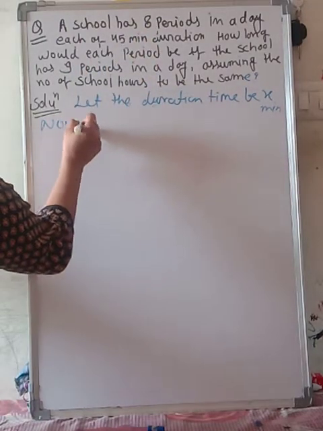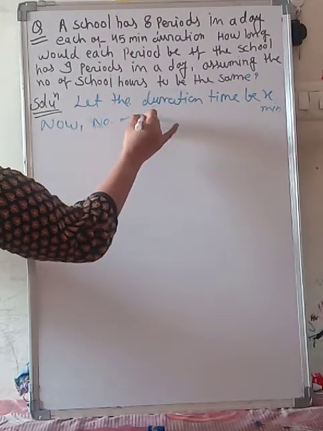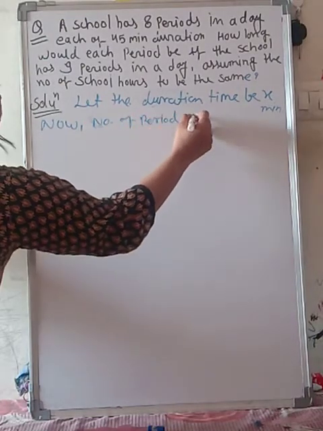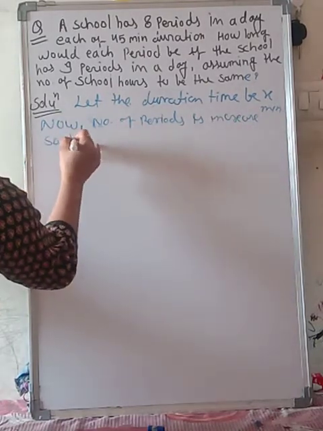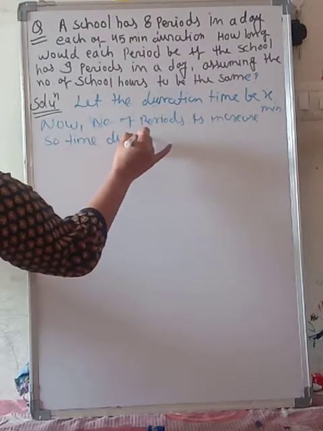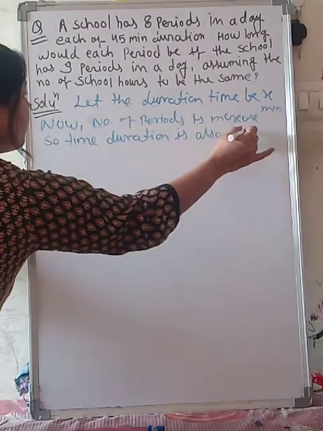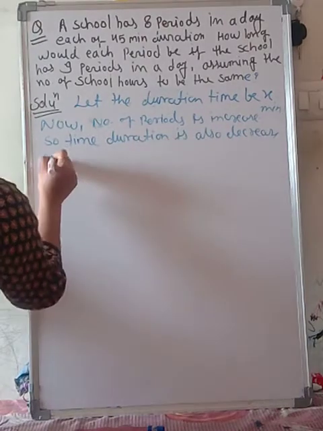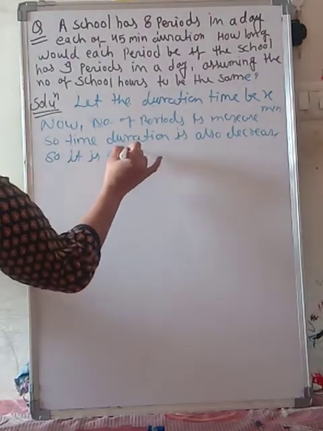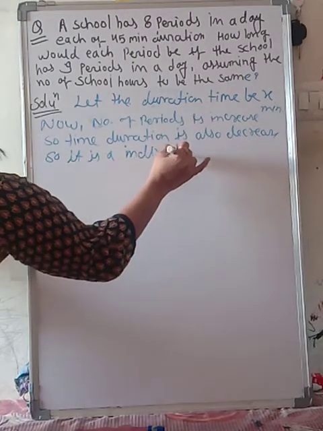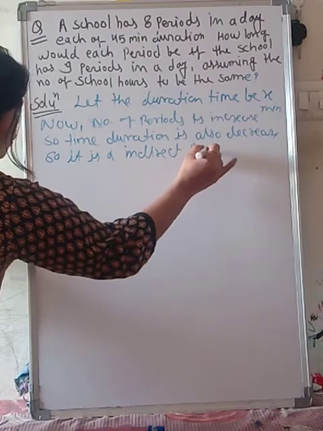Now, you can say 8 periods take 45 minutes, and now there will be 9 periods. So the number of periods is increased, so the time duration is also decreased. So it is an indirect proportion.